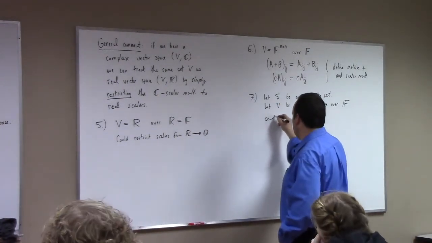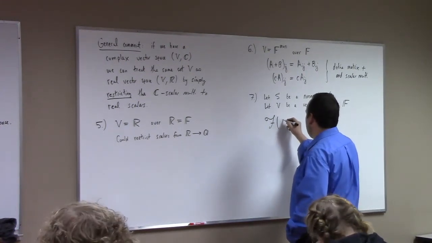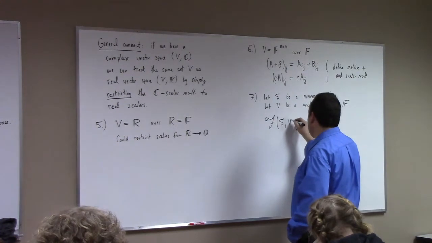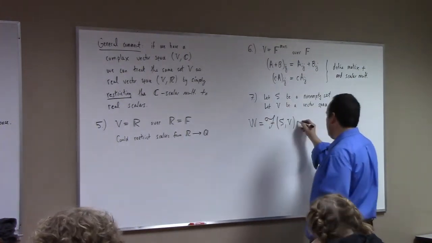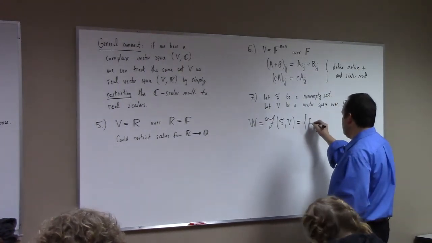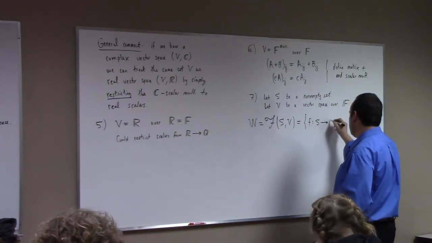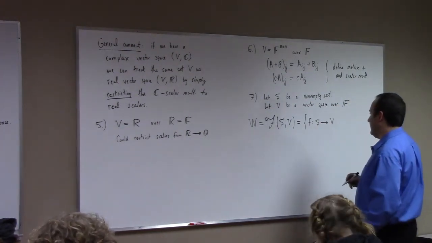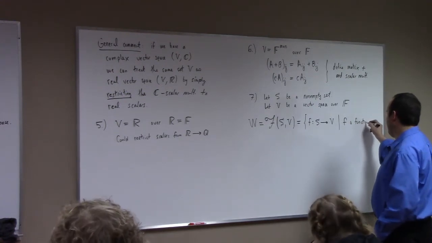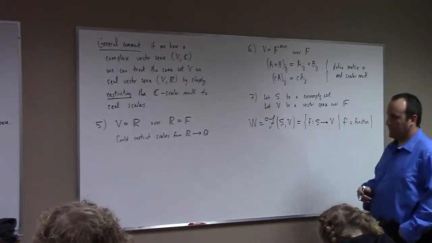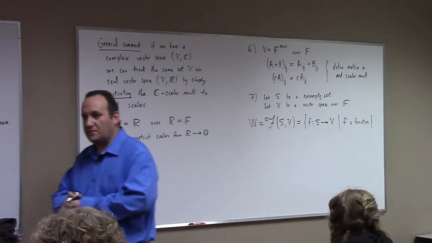If we look at F from S to V, let's call this W. And what this is going to be is functions, little f, going from the set S to the vector space V. So vector space valued functions from some set.